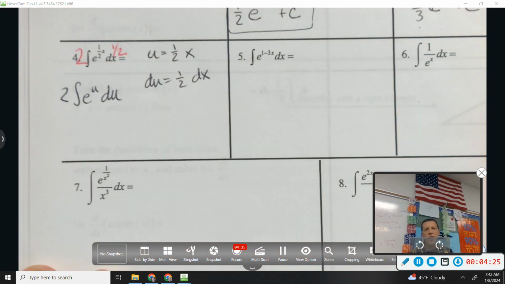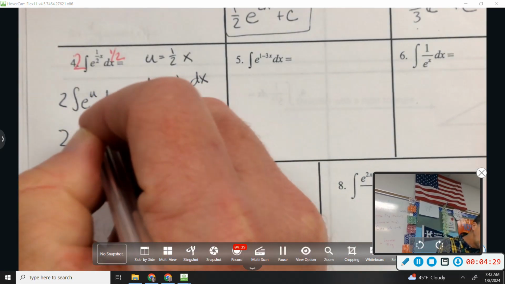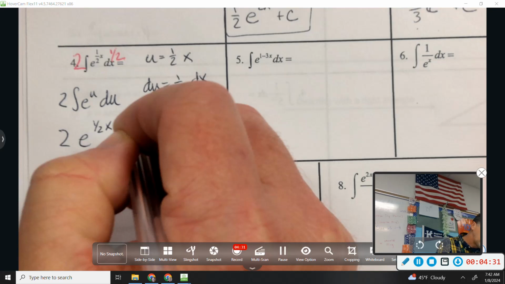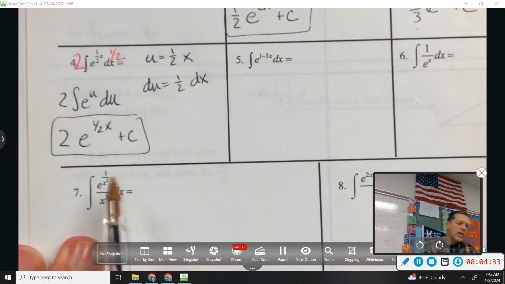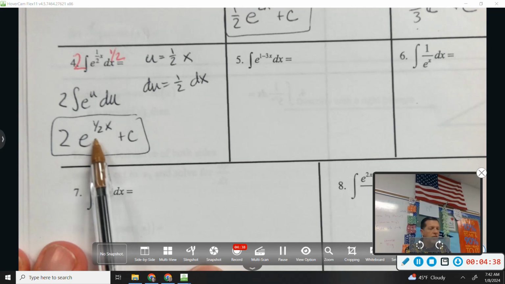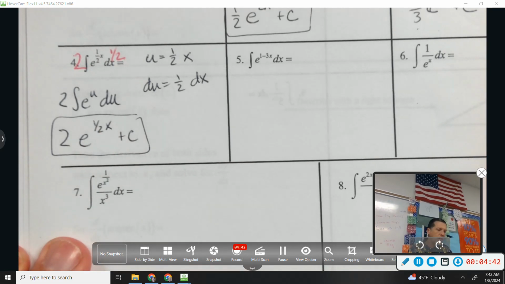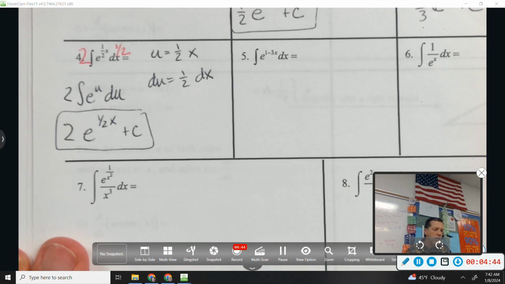So 2 antiderivative e to the u du, 2 e to the 1/2 x plus c. And again, if you think about the chain rule, when you take the derivative, the chain rule would give us a 1/2, which would cancel out the 2 that's there.